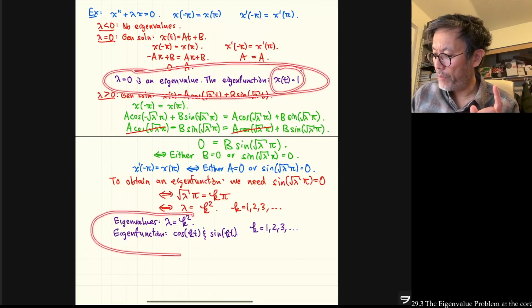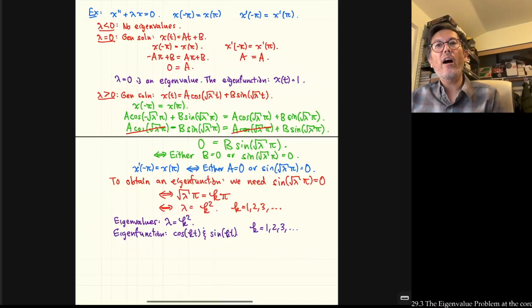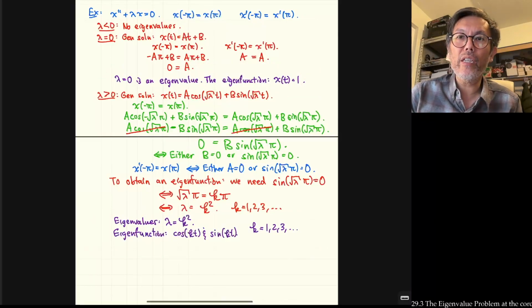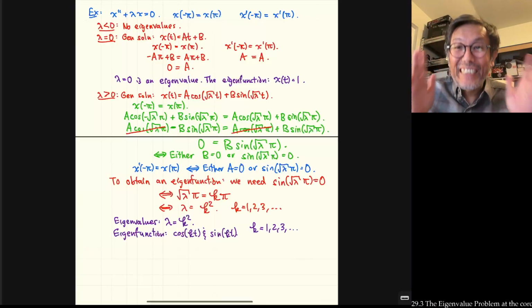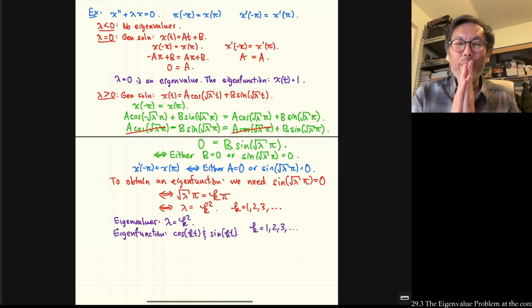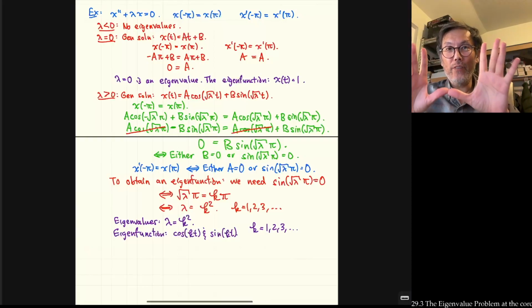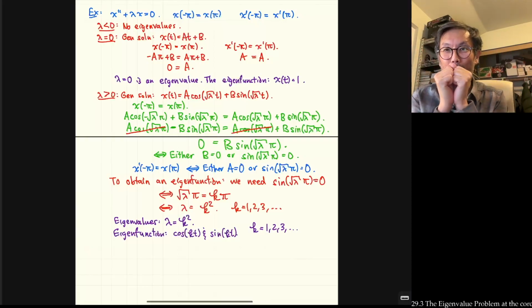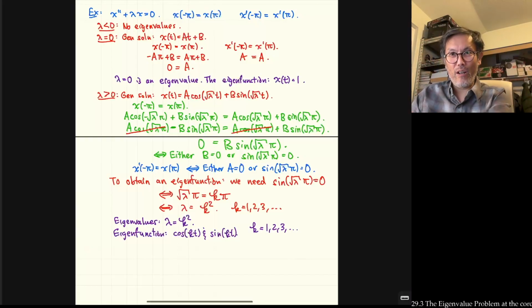And lambda equal to k squared are eigenvalues, and we have two eigenfunctions associated with each eigenvalue, cosine kt and sine kt. The idea here is that we are going to be able to write periodic functions as infinite sums of these eigenfunctions that we just found.